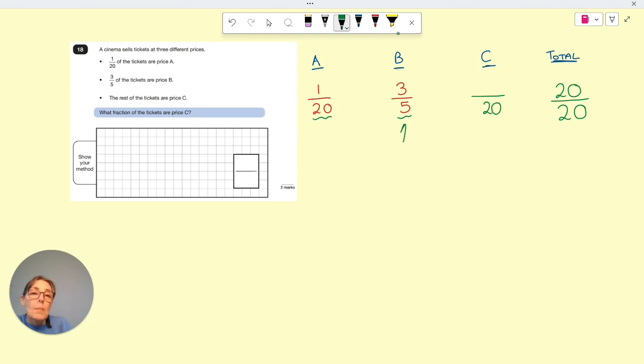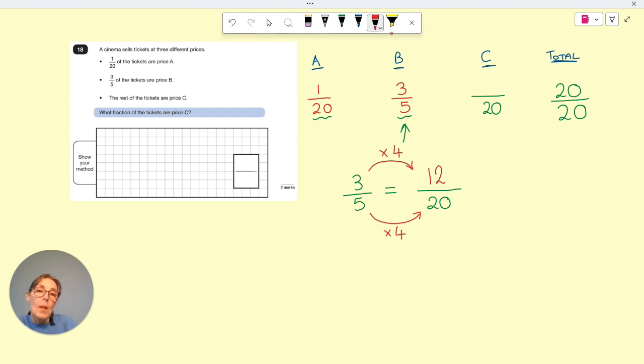But that means I need to make that fraction out of 20 so I can compare them. So I'm going to write 3/5 is equal to, I don't know how many 20ths. 5 times 4 is 20, and 3 times 4 is 12. So this here is the same as saying 12 20ths.